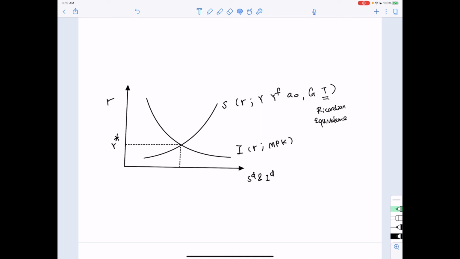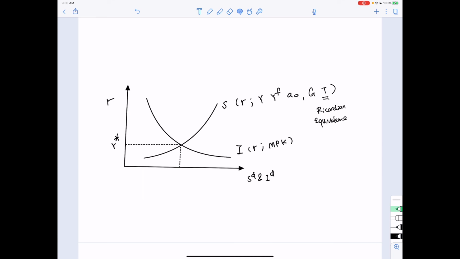But for sure, if the Ricardian equivalence holds, then the national saving will remain the same. But if the Ricardian equivalence doesn't hold, then the tax will affect the saving decisions. So here, I write up the saving curve as a function of R, the current income, future income, initial wealth, government expenditure, and taxes.